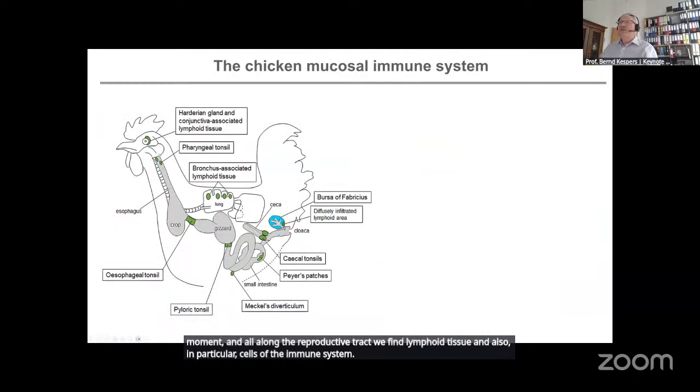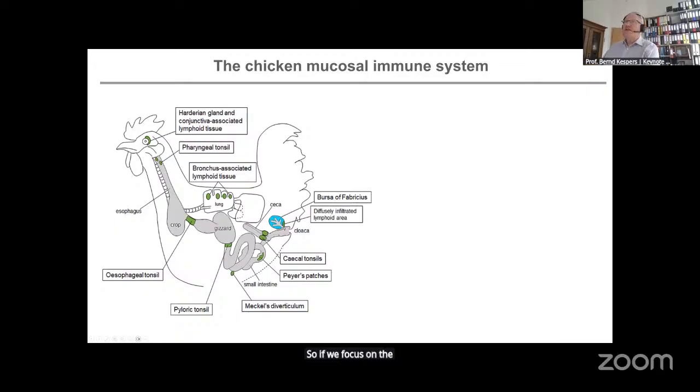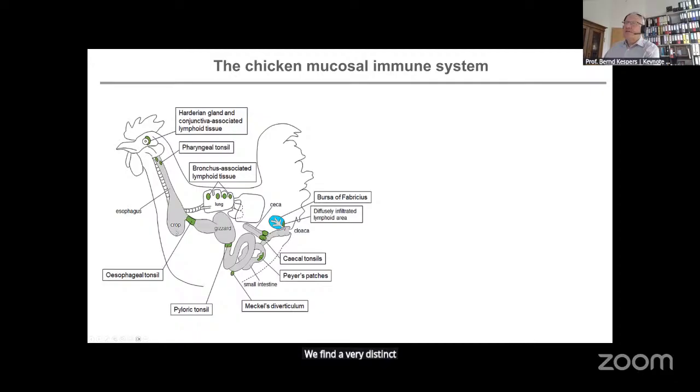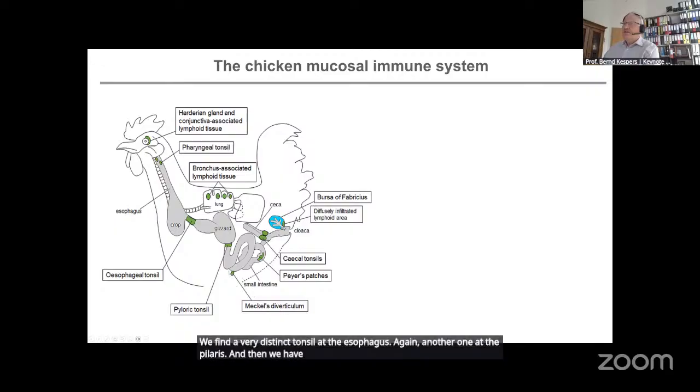So if we focus on the digestive tract, we find these organized structures all along the gastrointestinal tract, starting with some tonsils up here in the pharyngeal area. We find a very distinct tonsil at the esophagus, and another one at the pylorus. And then we have Meckel's diverticulum, most of you are familiar with, I guess.